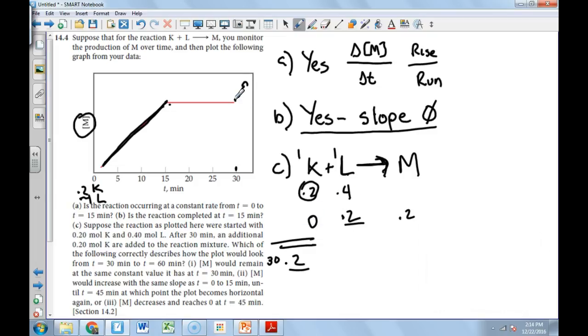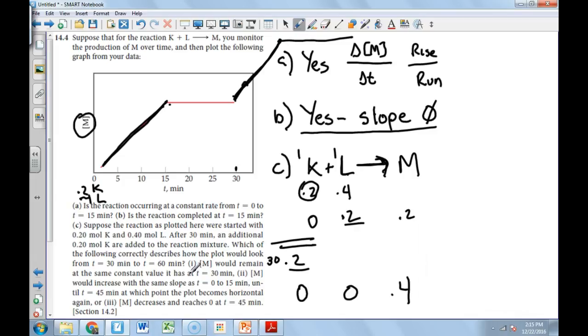So this is probably going to go up and react for 15 more minutes at the same slope and then level off again, because after another 15 minutes, we've used up all of this, and we've formed some more M. Let's see what answer that is.